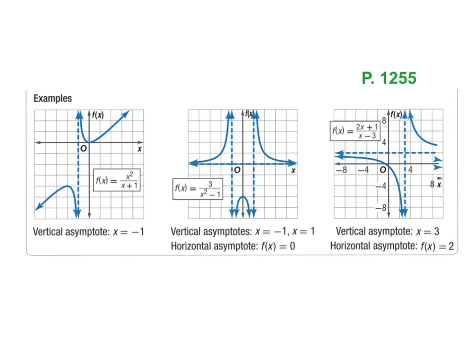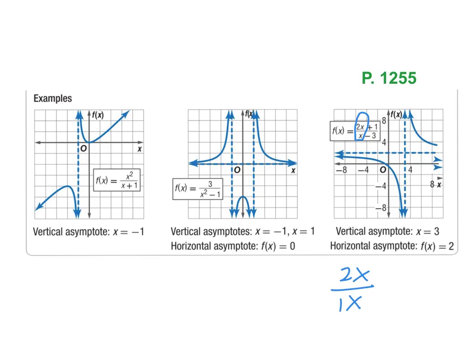What makes the denominator 0? Okay. The horizontal asymptote in this case is f of x equals 2, and here's how we know that. Since the degrees are the same, you take the leading coefficients. We're matching up 2x and x.